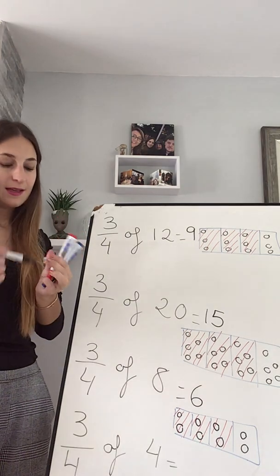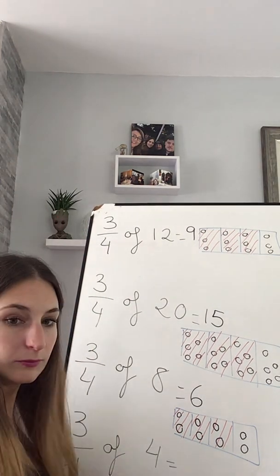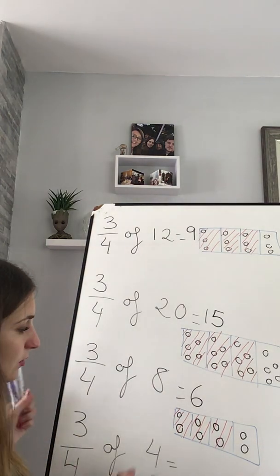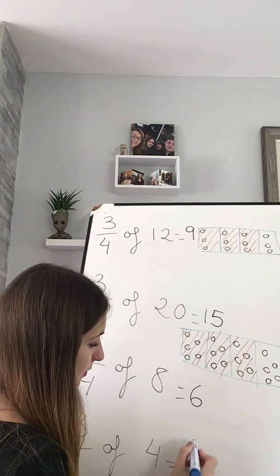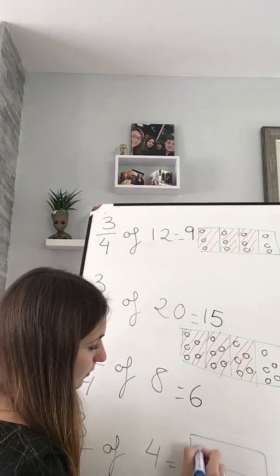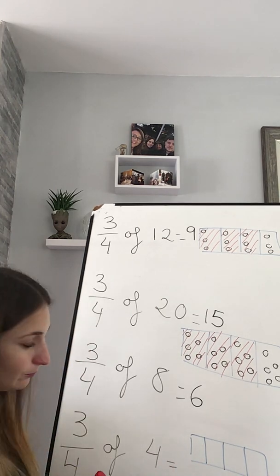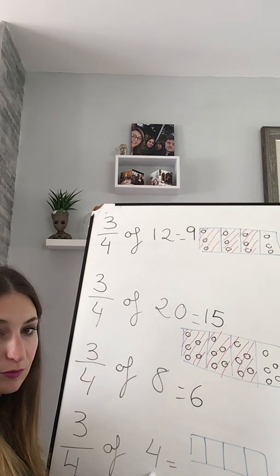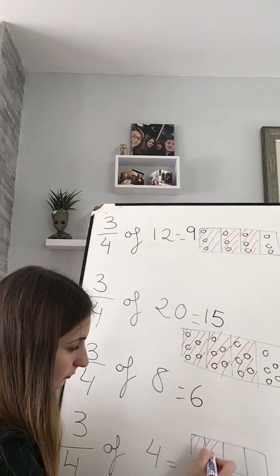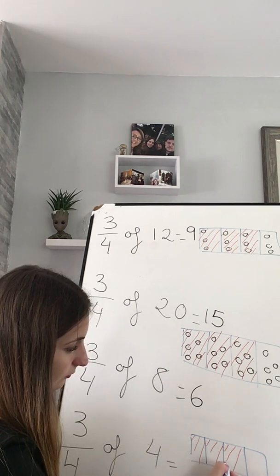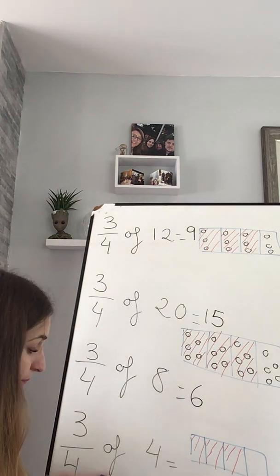Okay? And the last one, I think that I'm going to need to wipe off this one now. Same, 4 equal parts, and I'm going to be sharing 4, but then I will take 3 of my equal parts, only 3.